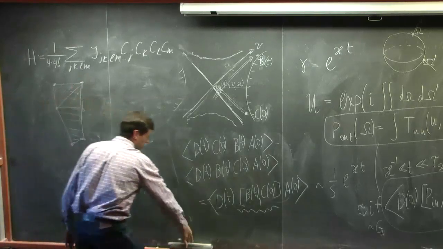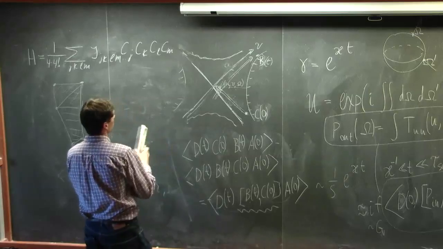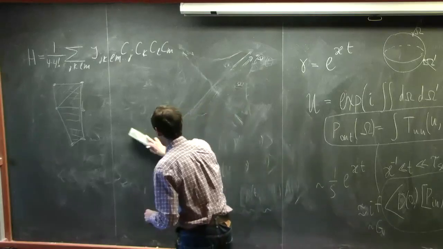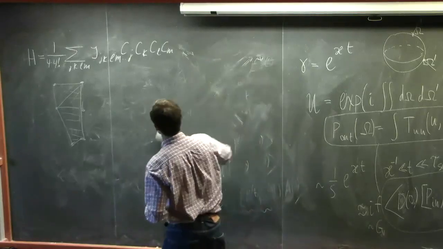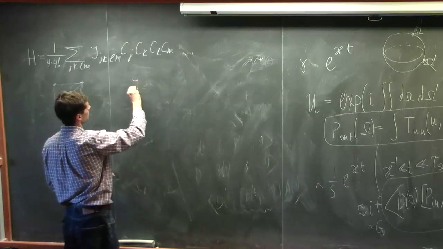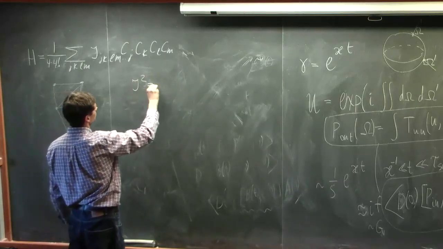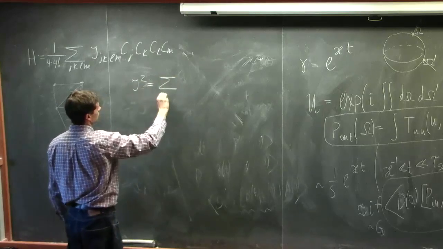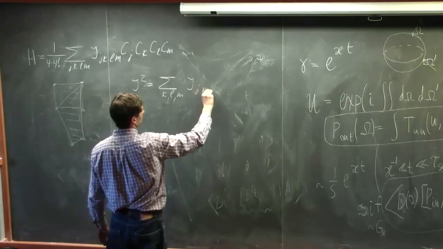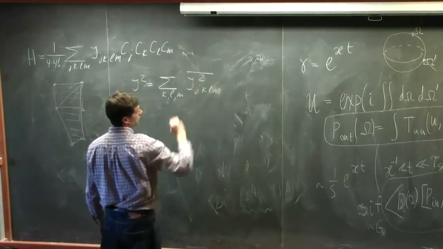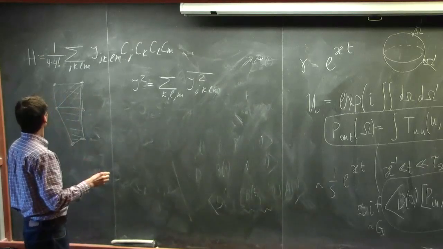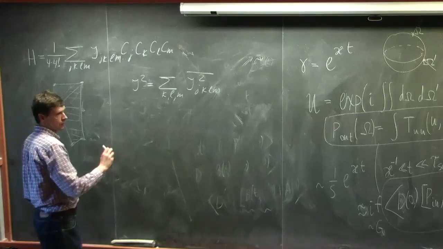And we define the effective coupling like before. And the J's are Gaussian.